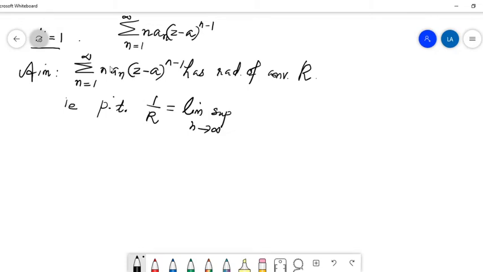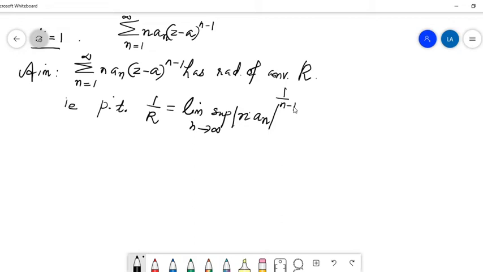So you should analyze the variation of the coefficient and the power here. That will be modulus of n into a_n the whole raised to 1 by n minus 1. So this is what we have to prove.